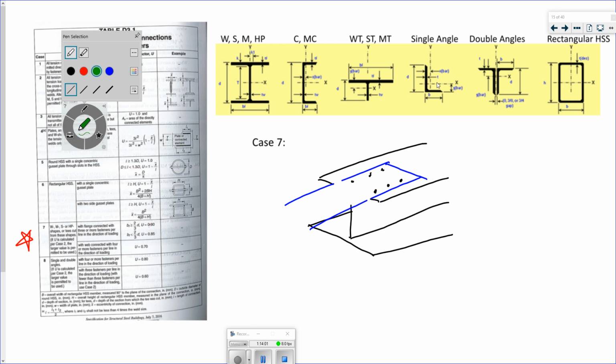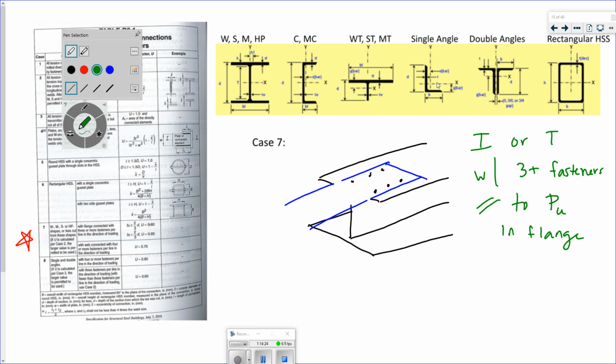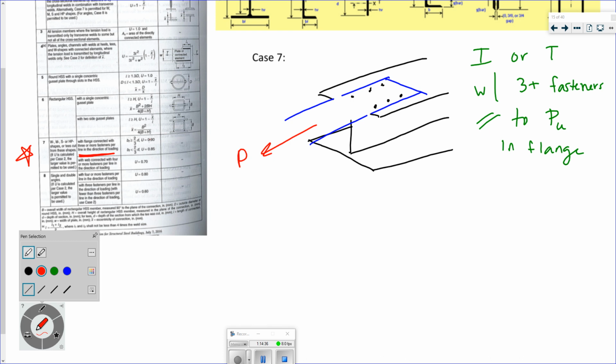So this is an I or a T with 3 plus fasteners parallel to that load in the flange. Alright, if my load is like that. Alternatively, right, that's the first one. The second one is the same thing but with the web and with 4.